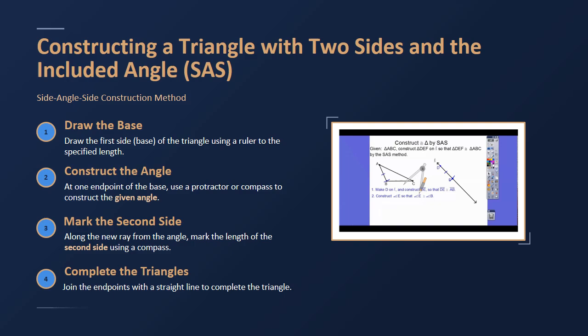At one end point of the base, use a protractor or compass to construct the given angle. Third, along the new ray from the angle, mark the length of the second side using a compass. Join the end point with a straight line to complete the triangle.